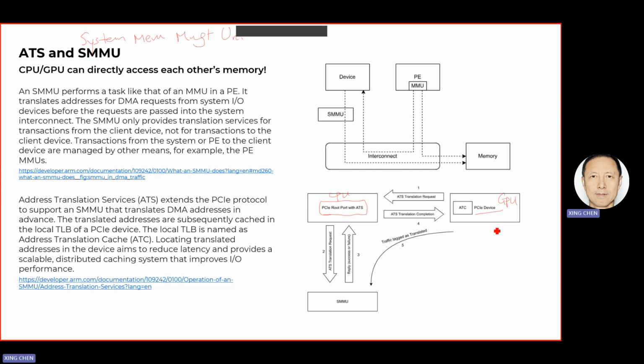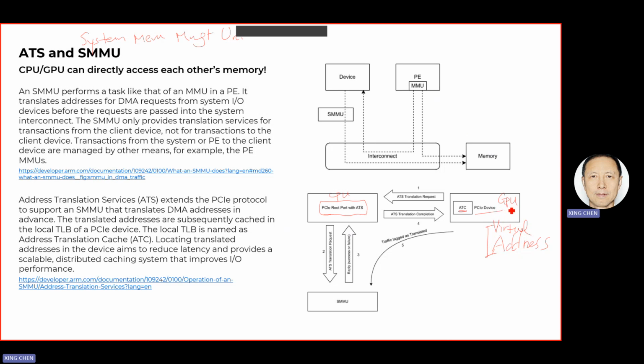The GPU needs to read a virtual address, and the virtual address doesn't point to any physical address. If it's not in the address translation service cache, the virtual address needs to be translated into a physical address to read the data.